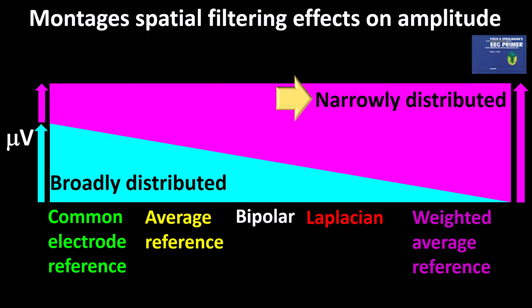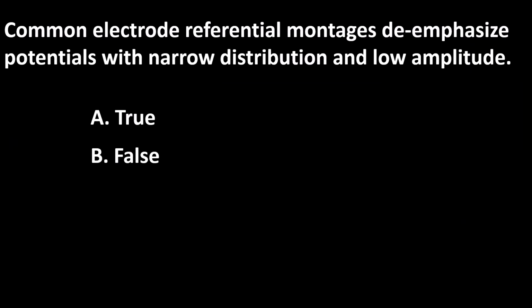In other words, all except the potentials with a very restricted field and very low amplitude will be captured regardless of the montage being used, whereas broadly distributed potentials may be missed, or at least significantly diminished, when we view them using bipolar, Laplacian, or weighted average reference montage. So the answer to this question is true.